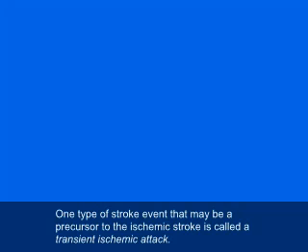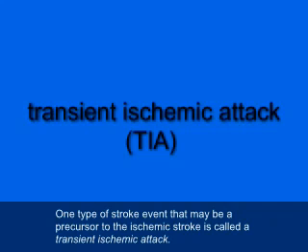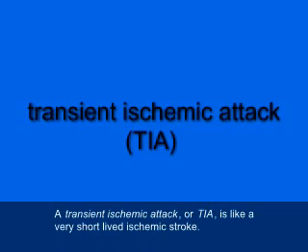And one type of stroke event that may be a precursor to the ischemic stroke is called a transient ischemic attack. Transient, ischemic, and attack. A transient ischemic attack, or TIA, is like a very short-lived ischemic stroke.